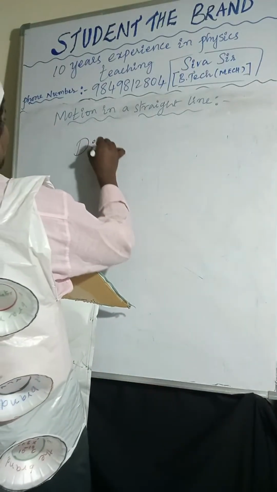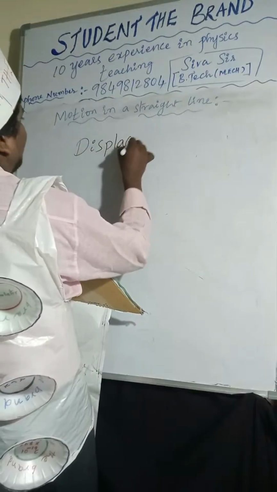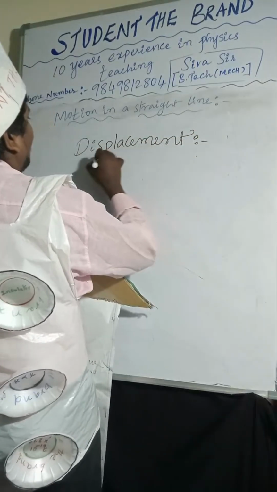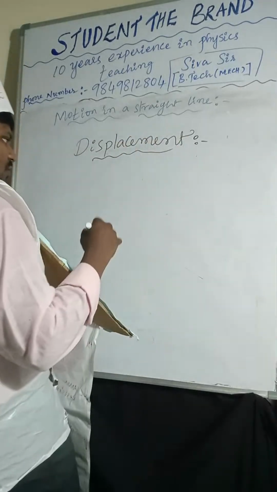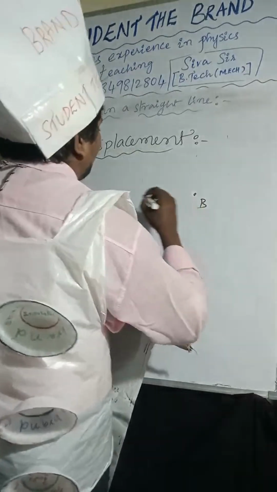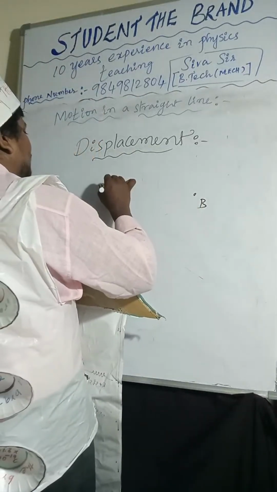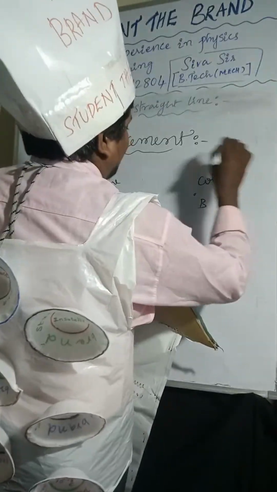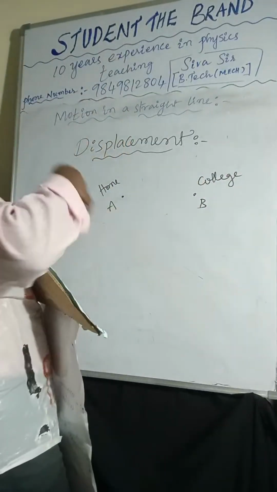I'm considering here, this is A and this is B. Say this is the home and this one is the college. From home to college, there are many paths.